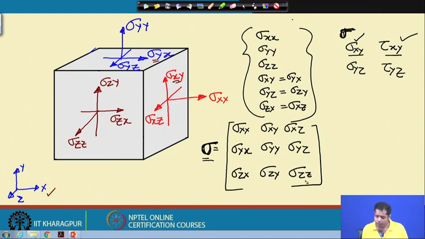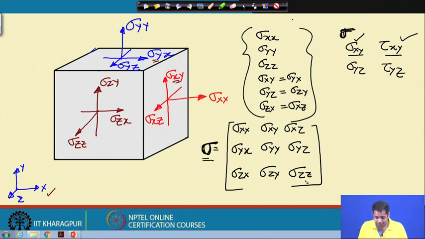Now let us try to understand some of the properties this stress tensor has. These properties are important, and what are those properties?